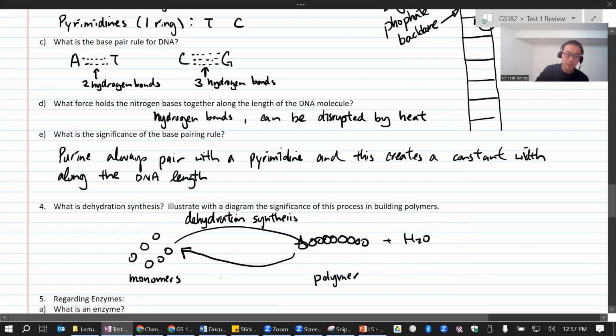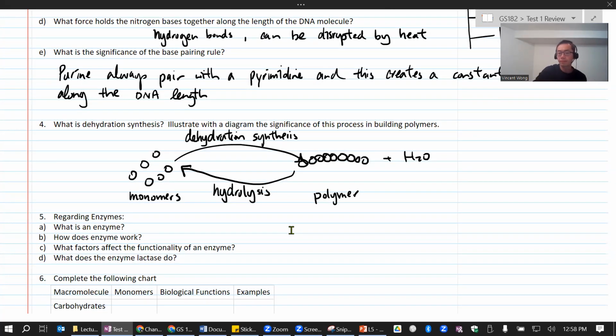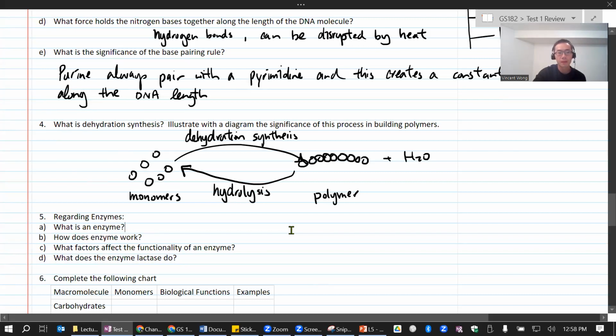And the other way around is hydrolysis. You have to add water molecules to break the bond. And it's the covalent bond that's holding these things together. We'll do some practice questions later, okay? Hang in there.